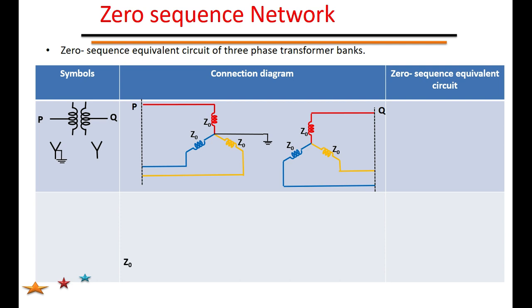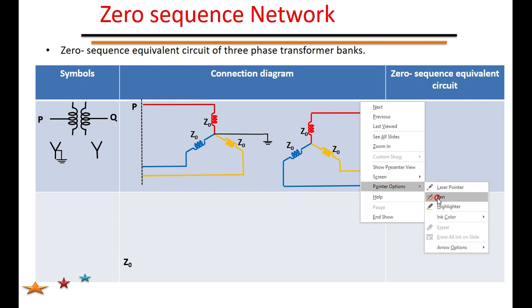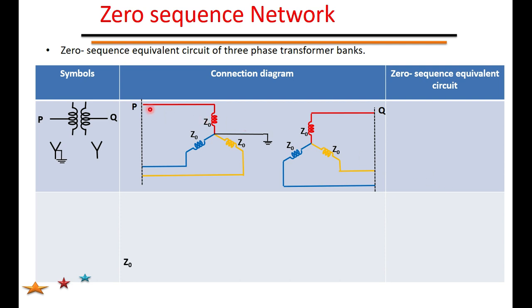Therefore, in this case, you can look into here. Suppose the zero sequence current is flowing from P, you want to see whether it is passing through to Q or not. Suppose the zero sequence currents are flowing here, then there is a path here, but from here onwards there is no path.